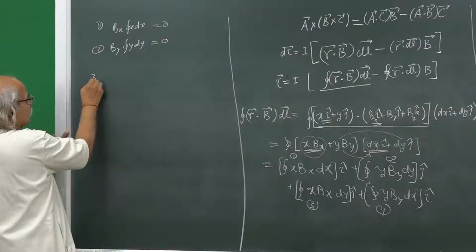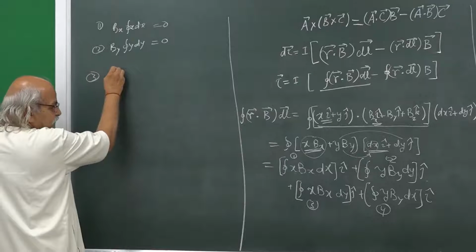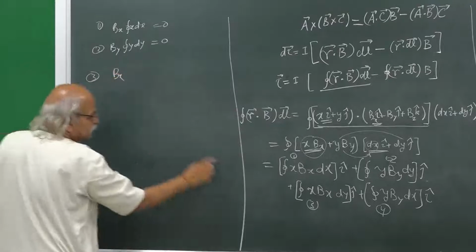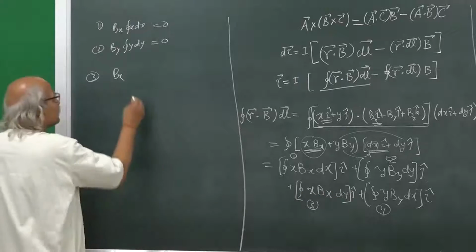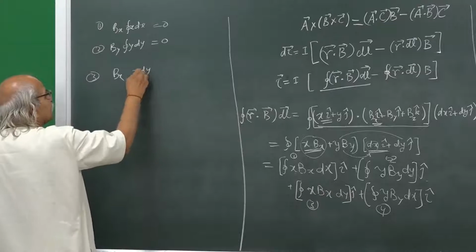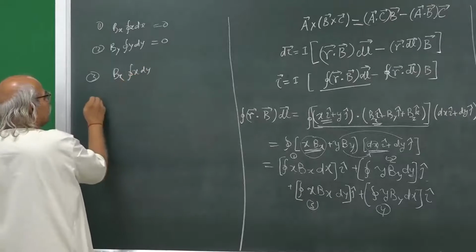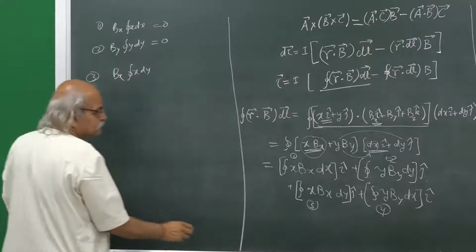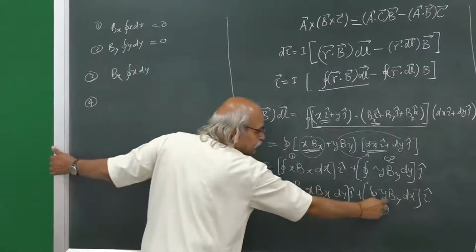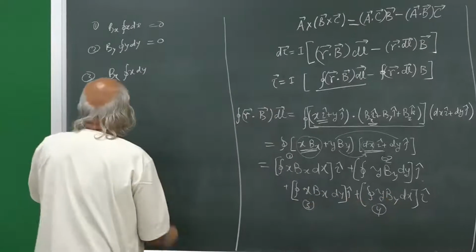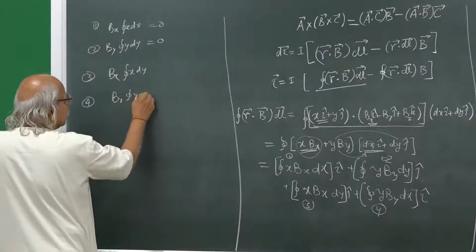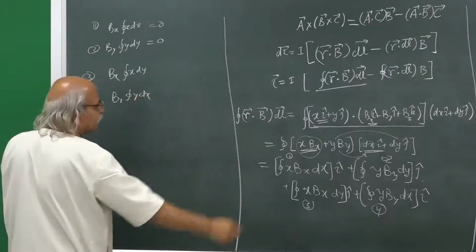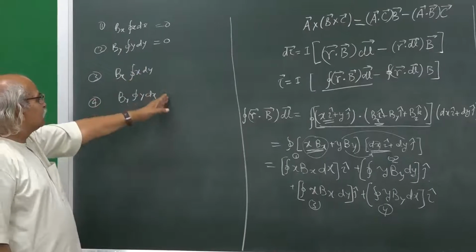What is 3? 3 is b_x, you can take this b_x out, leaving the integration of x dy with j cap. And the fourth one is y dx, b_y comes out, and then you have y dx, and that goes with i cap. This goes with j cap, and this goes with i cap.